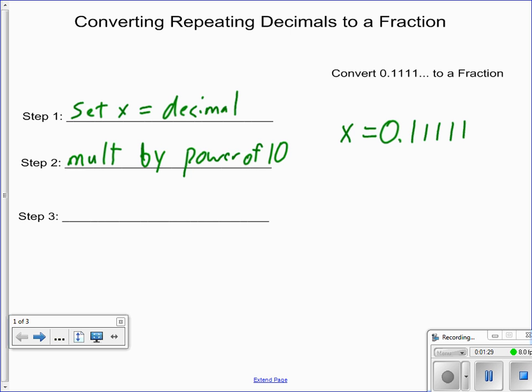And I'm going to draw the arrow here, it's going to go up above my answer from before. So, x times 10, 10x. This decimal over here, 0.111 times 10, when you multiply by 10, you move that decimal over one spot for every 0. So I'm going to get 1.11111 forever, right?